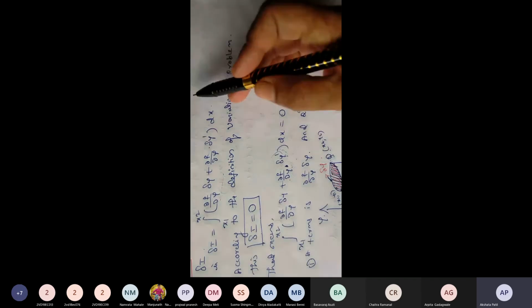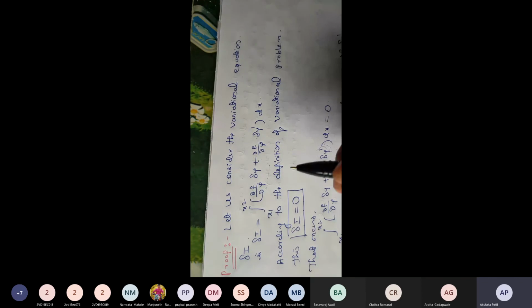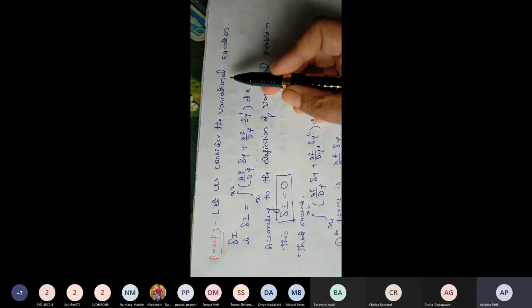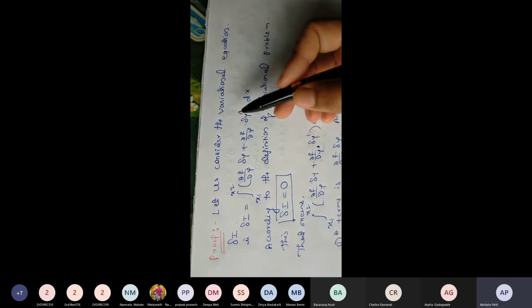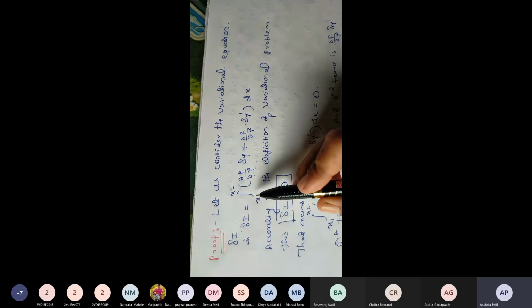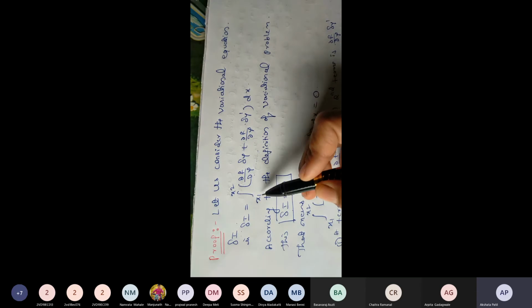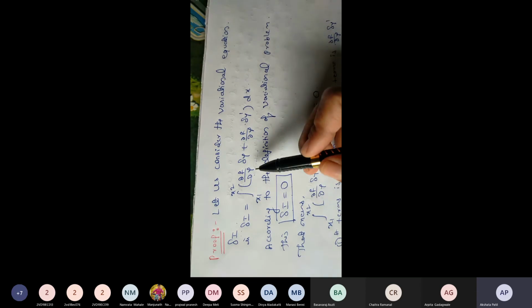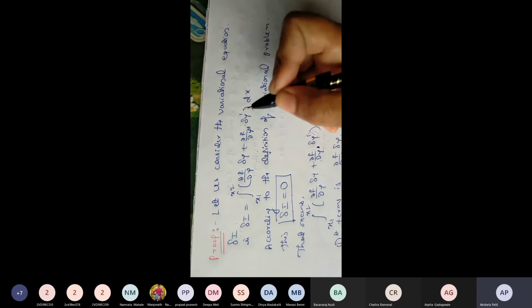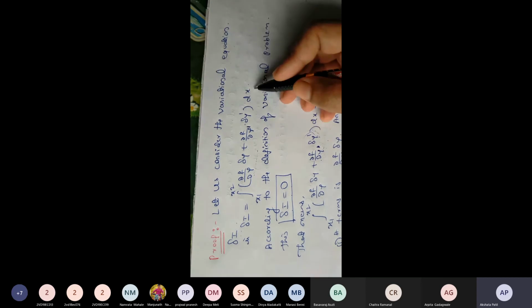Here we have considered the variational equation. We know this variational equation, that is nothing but delta I. So let us consider the variational equation delta I, which is nothing but the integration over x1 to x2 of (∂f/∂y into delta y plus ∂f/∂y' into delta y') into dx.